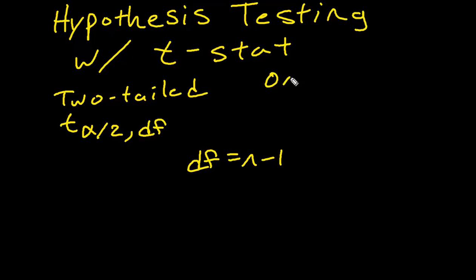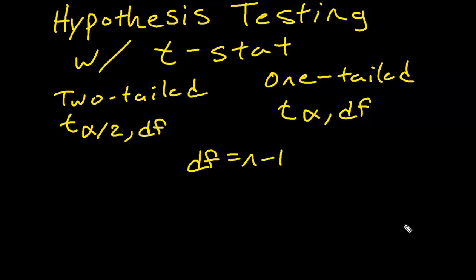If we are doing a one-tailed test, then we will be looking for t alpha and then our degrees of freedom. And of course, if it's a left-tailed test, it needs to be negative. If it's right-tailed, you would keep it positive. So that's the only difference.